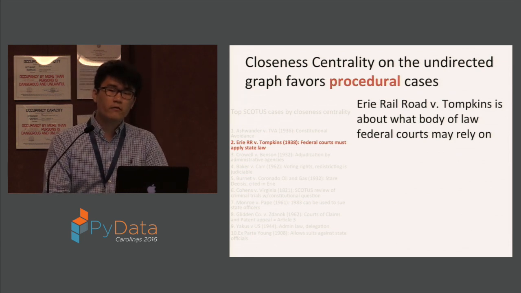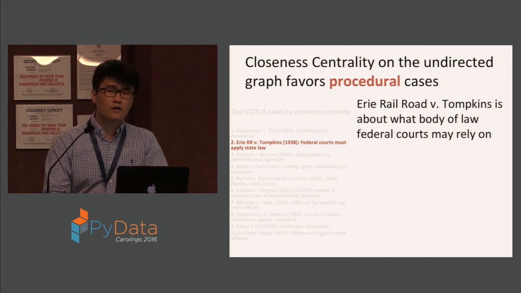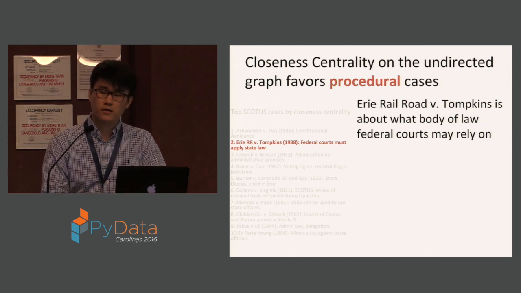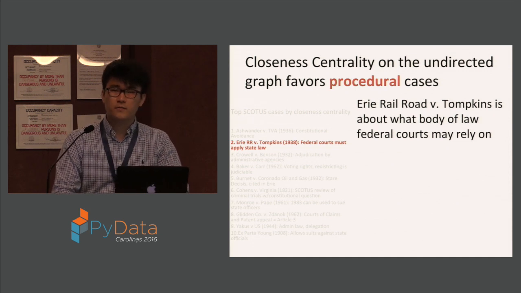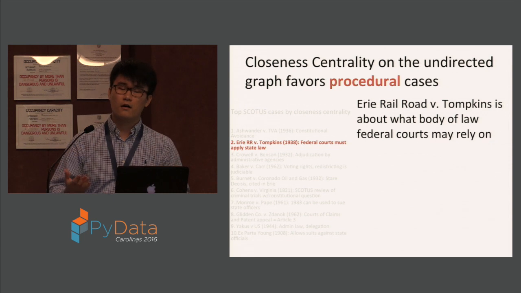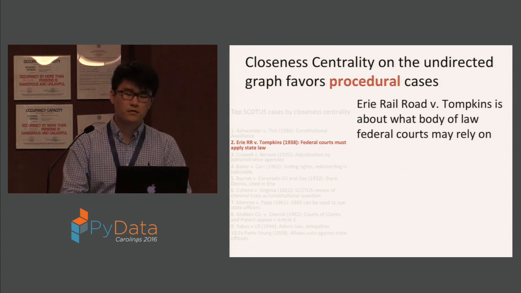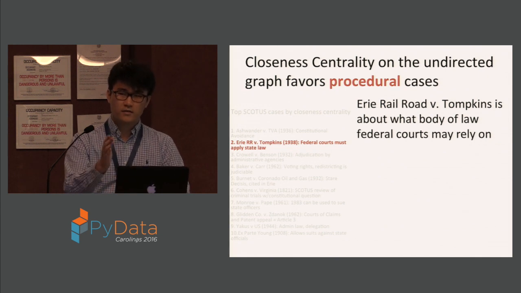This is Erie Railroad versus Tompkins, and it explains how the body of law operates under federal courts. And this is a pretty important case because this allowed federal courts to make law about states in different jurisdictions. So if two different state courts are handling some case, now federal courts can make a decision about those two different states.